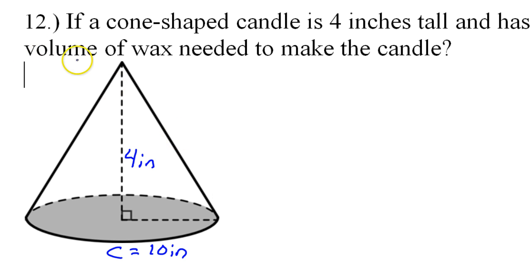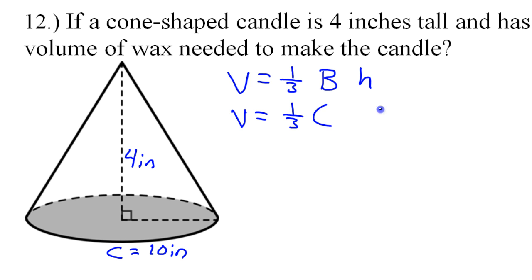So we need to find the volume. But as we begin to try to find the volume, we know that the formula for volume of a cone is 1/3 the area of the base times the height. Now, we were given the height, it's 4 inches tall.